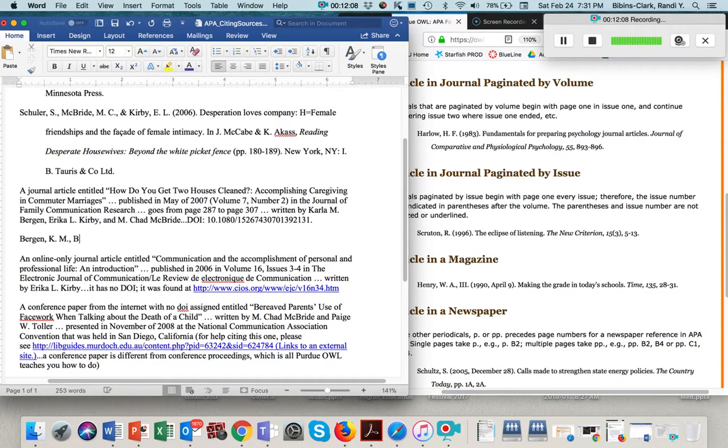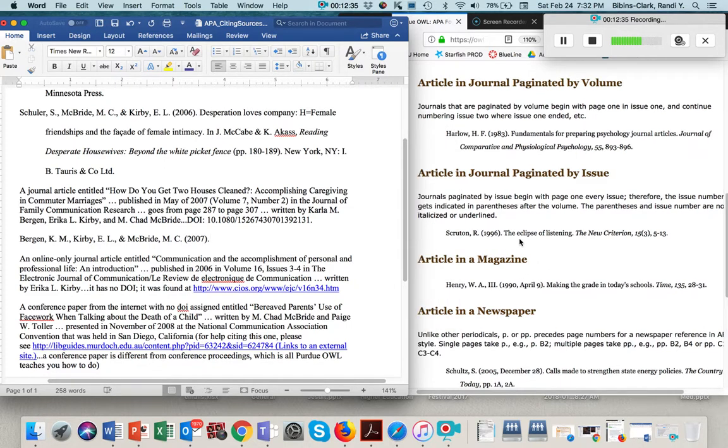So Kirby, E. L., and I'm going to put a comma, because that's the way it looks in there, and McBride, C. M., period, and year of publication. This says May of 2007, but they don't care about the month. They only want us to give the year with a period at the end.